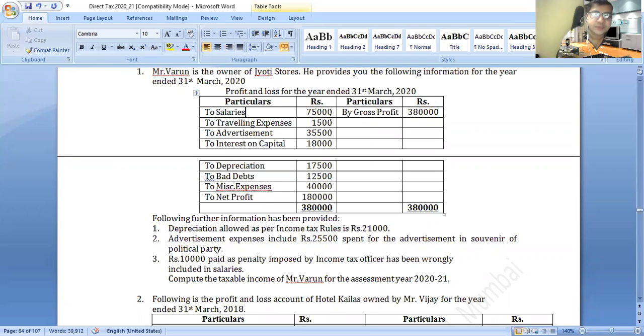Now, this is that third adjustment: rupees 10,000 paid as a penalty imposed by the income tax officer has been wrongly included in the salaries. It means from this 75,000, the 10,000 amount is a penalty imposed by the income tax officer. A penalty imposed by the income tax officer is not a business expense. So this 10,000 portion should be added to the net profit.